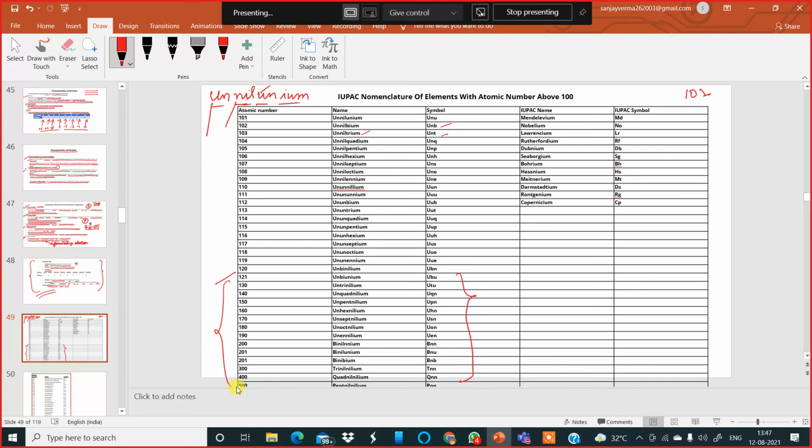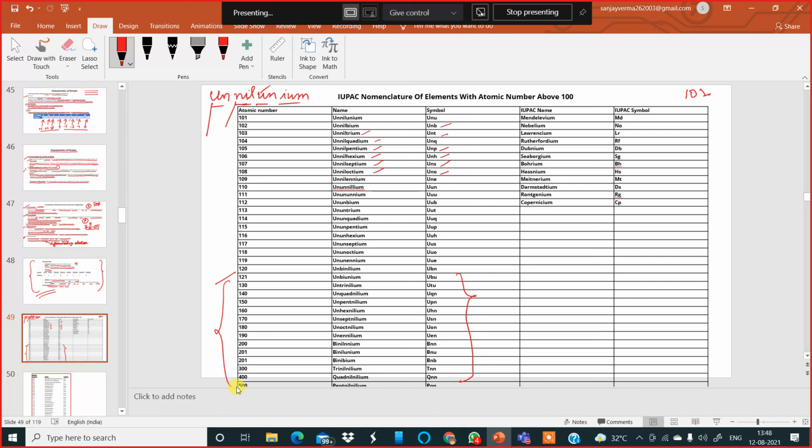In this way, if you look at all the elements, 104: un, nil, quadium, 4 is quad, Unq. 105: un, nil, pentium, Unp. 106: un, nil, hexium, Unh. Then 107: un, nil, septium, Uns. 108: un, nil, octium, Uno.